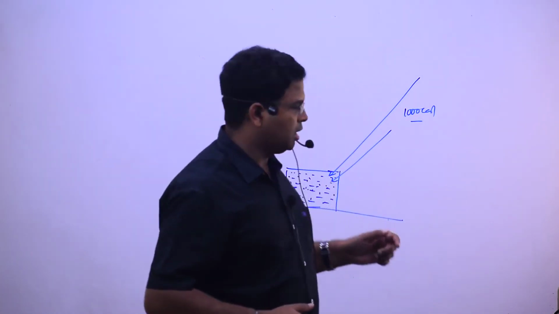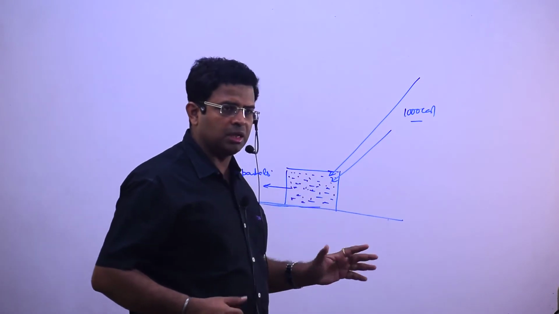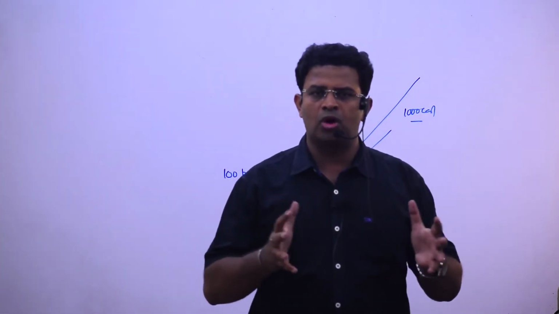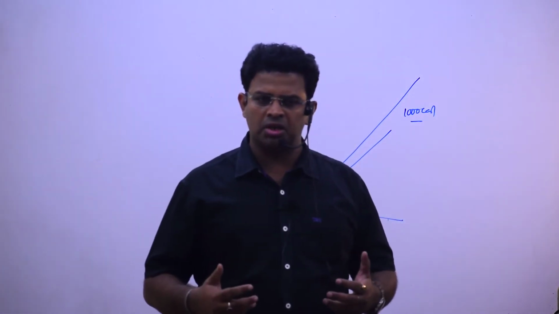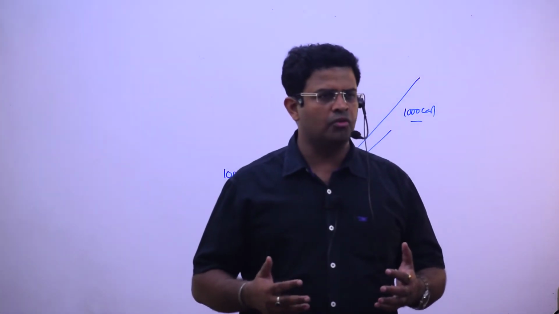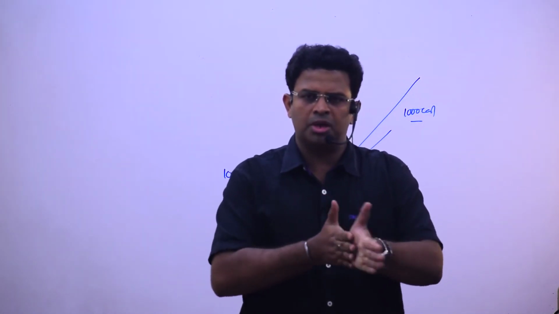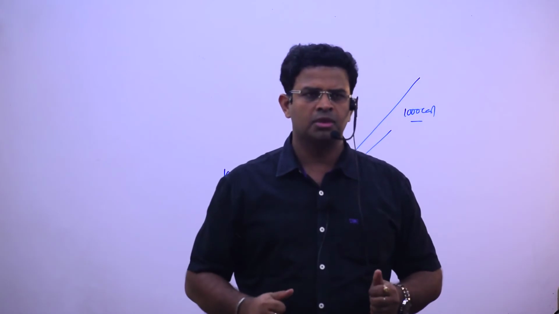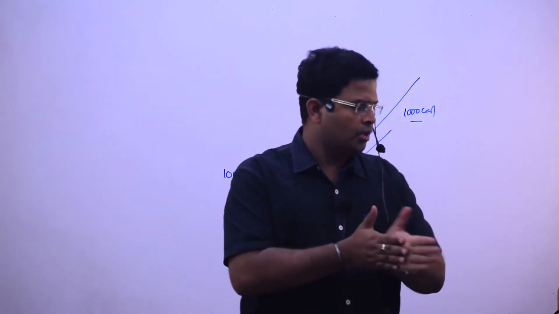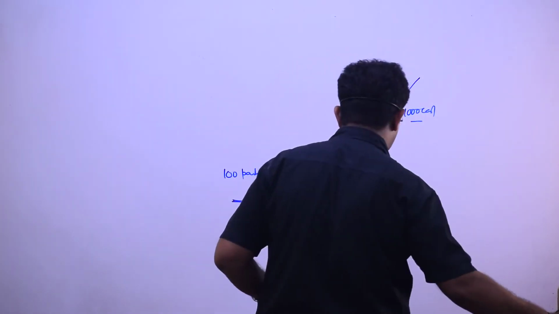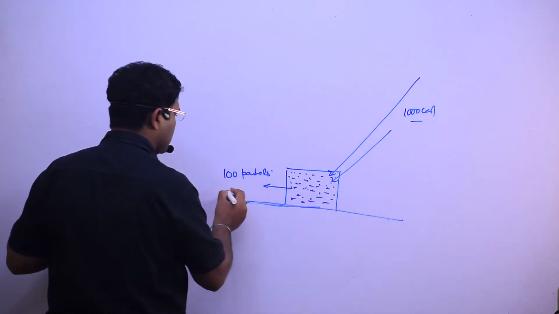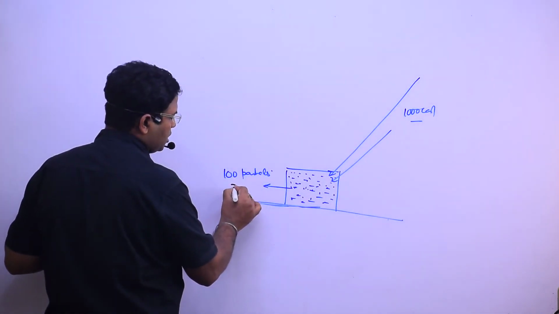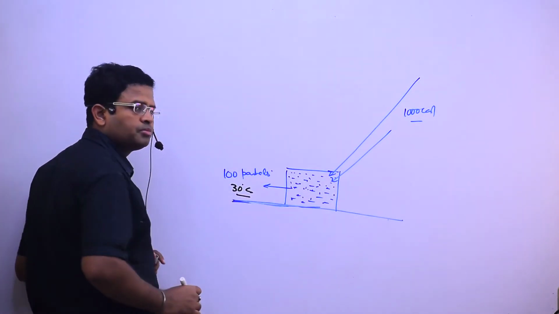Similarly, when they start getting heat, they become active. Their kinetic energy increases and they start moving. Due to the moving, there is a collision of molecules. Yes or not? Because of this, the temperature in this region increased up to 30 degrees Celsius.